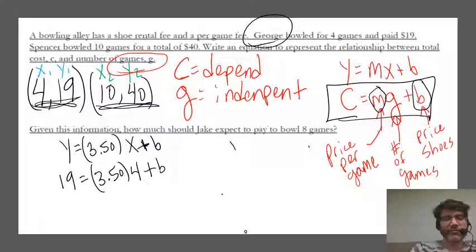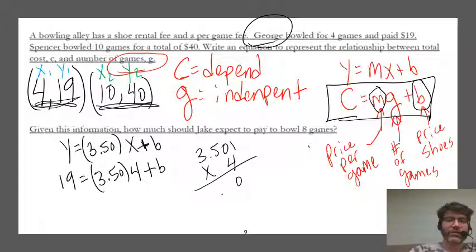Okay, $3.50 times 4. That is, well, 4 times 3 is 12, and then 4 times 50 cents is 2. 12 and 2 is 14. So let me just make sure that I did that right. $3.50 times 4.